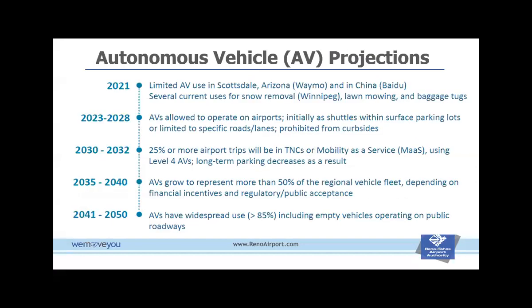Then I'm also going to share with you a little teaser on autonomous vehicle projections. This is the industry's ever-moving goalpost. Based on technologies that are out there, the forecast of when autonomous vehicles are really going to penetrate our market, that's something that's been moving over the years. If you'd asked us 8, 9 years ago, we would have thought by now there would have been a significant impact.